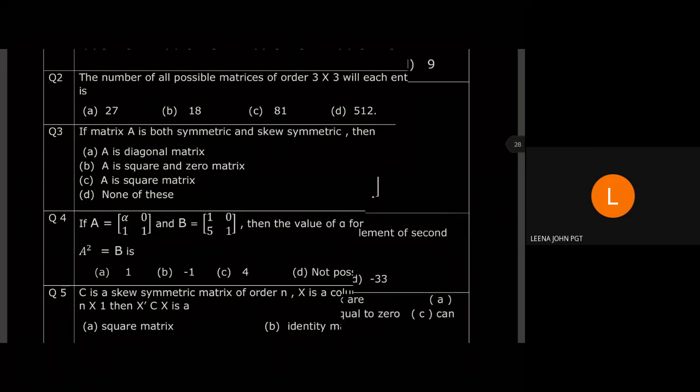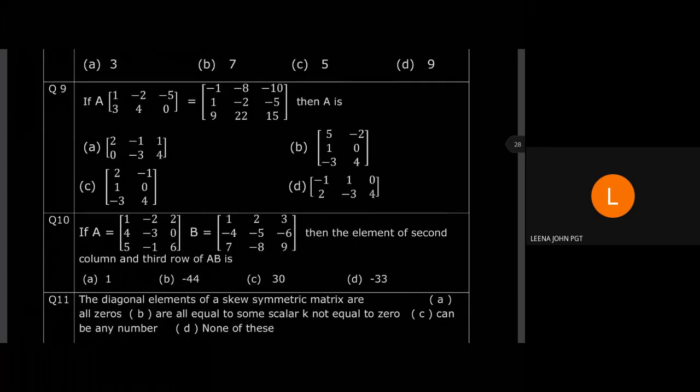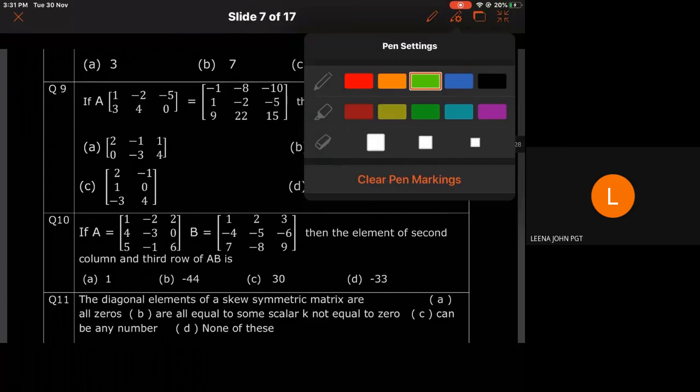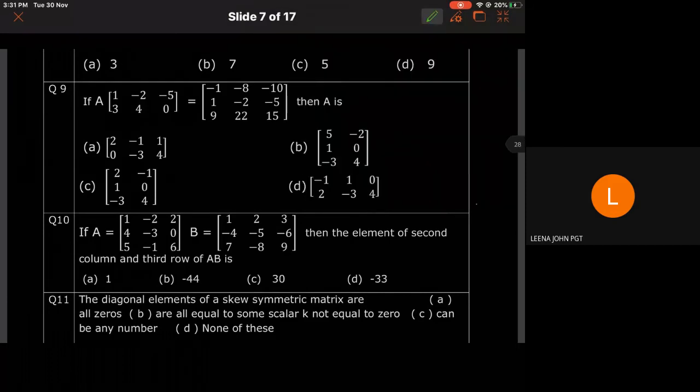Question number 8. A into a matrix is given. Then what is A? What you have to do here, children, instead of finding out A, you just take one. By seeing the order of the matrix, you can decide very fast. The second matrix is of order 2 by 3.